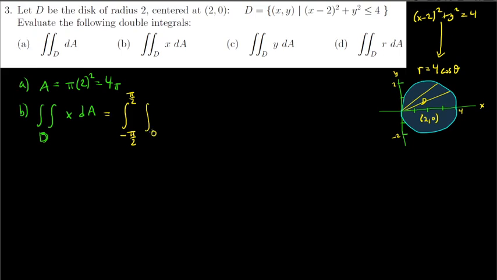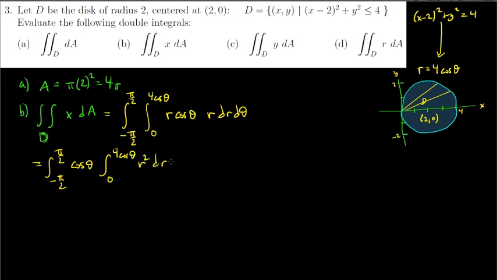And r goes from 0 to 4 cosine theta. And we're integrating x, which is r cosine theta. And then dA is r dr d theta, right? Okay, so minus pi over 2 to pi over 2 of cosine theta. And then the integral from 0 to 4 cosine theta r squared dr. So here's our first integral, and we just get 1/3 r cubed.